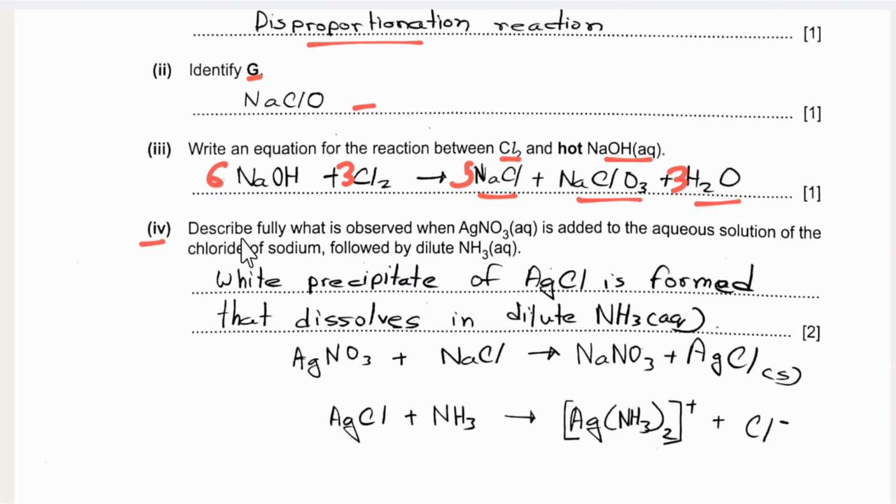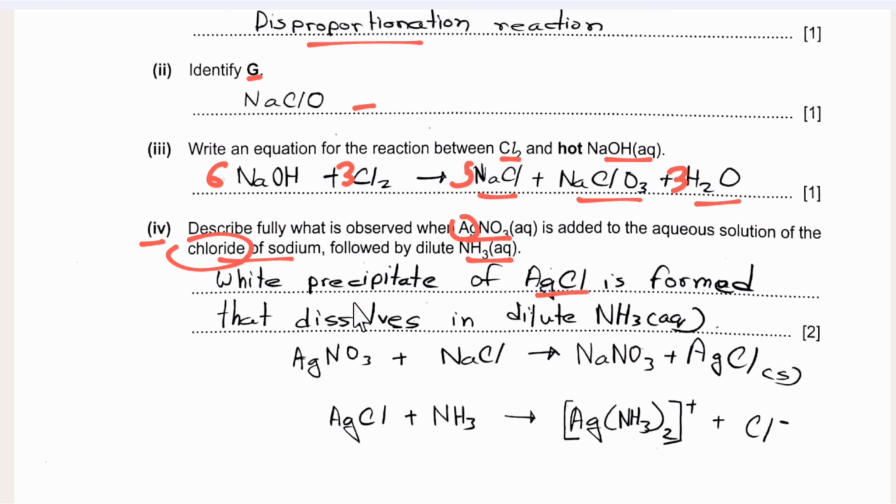4. Describe fully what is observed when silver nitrate is added to aqueous solution of sodium chloride, followed by dilute aqueous ammonia. Silver nitrate reacts with sodium chloride to form silver chloride. As we know, silver chloride forms a white precipitate, silver bromide forms a cream precipitate, and silver iodide forms a yellow precipitate.